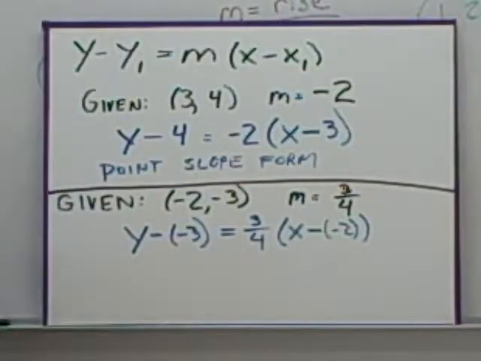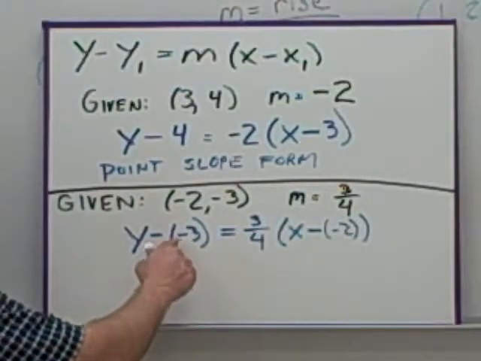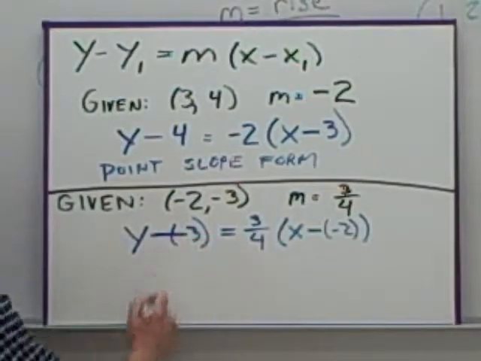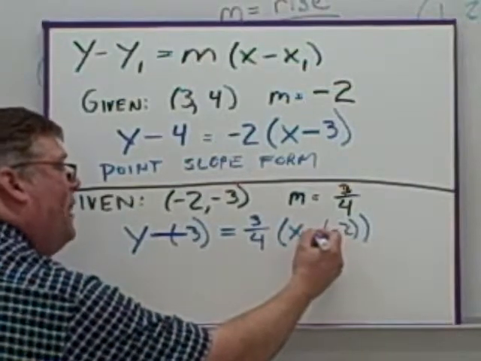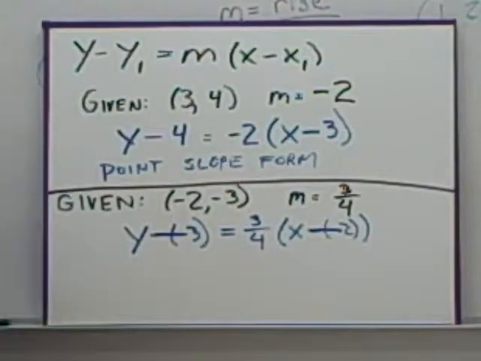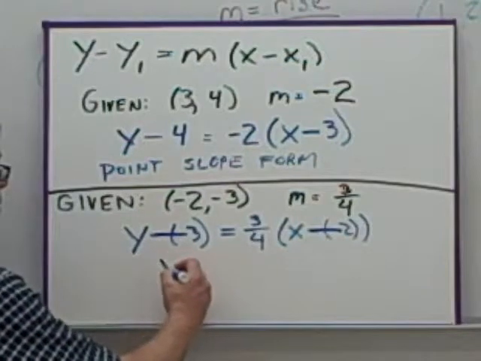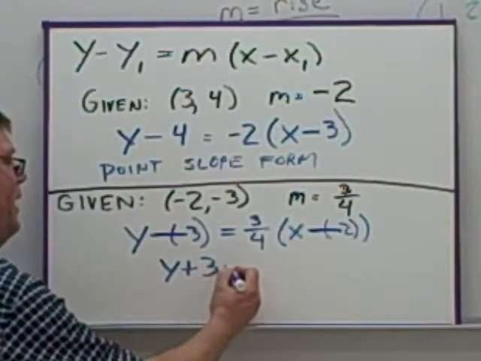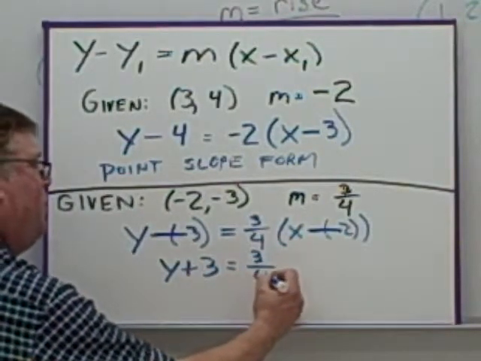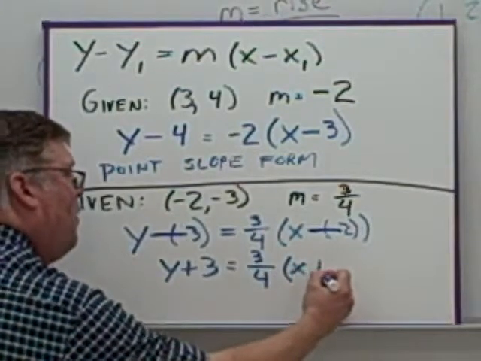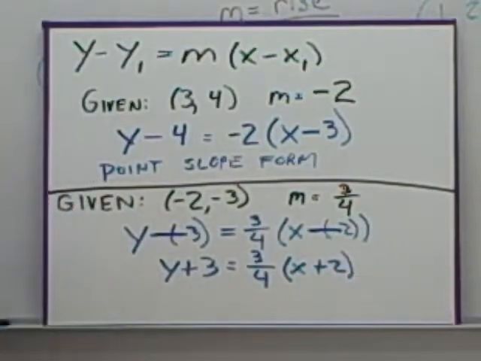Ick. Look at all those parentheses and stuff in there. Well, minus a minus becomes a plus. Minus a minus becomes a plus. So this is actually going to be y plus 3 is equal to 3/4 times (x plus 2).